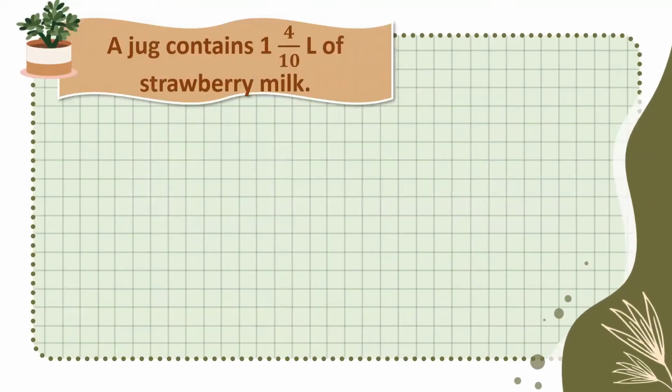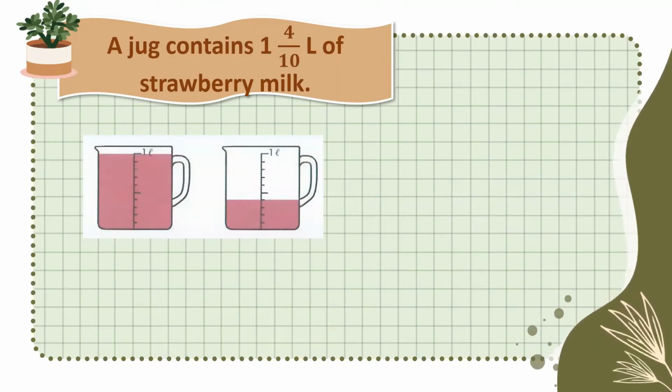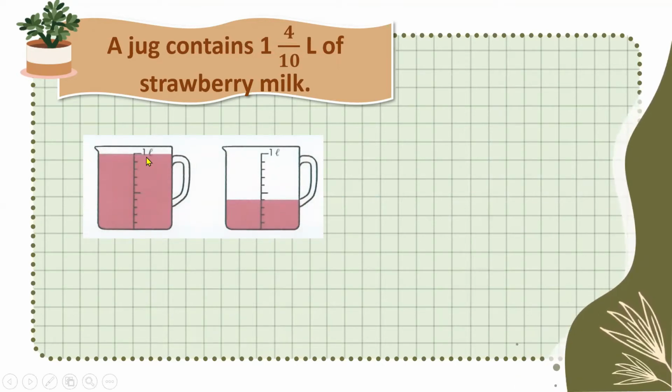A jug contains 1 4/10 liters of strawberry milk. I have here the model. This represents 1 whole, which is 1 whole liter. This one represents 4/10 because 1 liter was divided by 10. 1, 2, 3, 4, 5, 6, 7, 8, 9, 10.